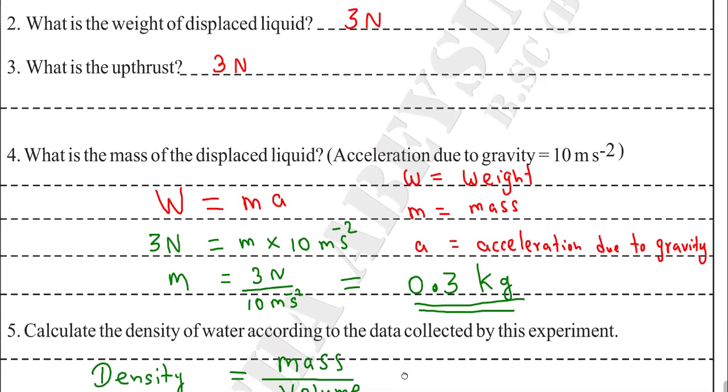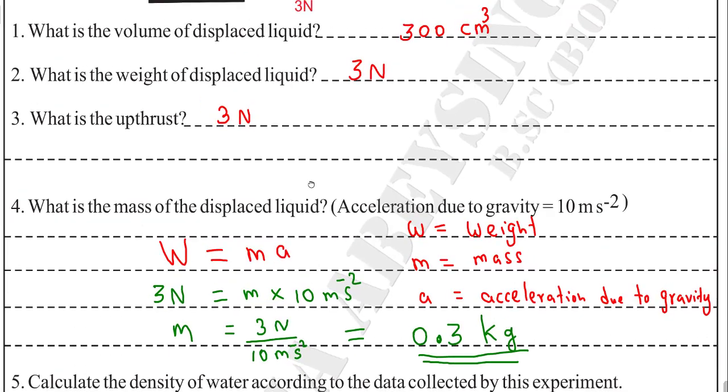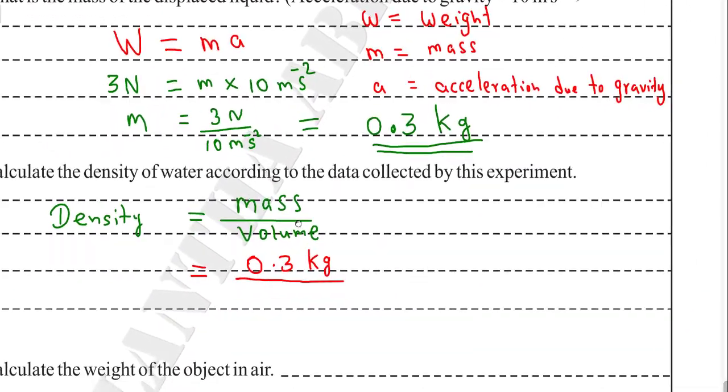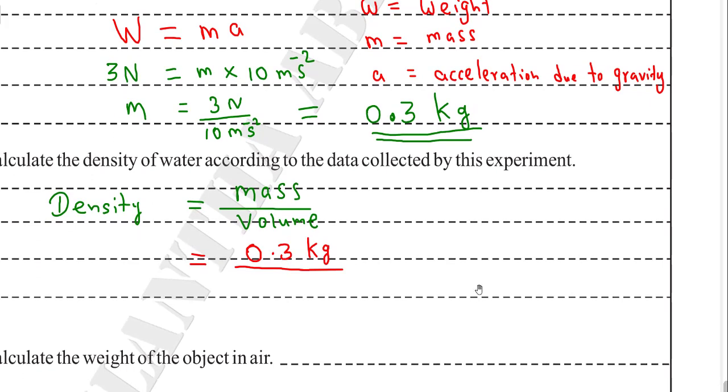We can get it as 300 cubic centimeters. So we can convert it there. Then the grams per cubic centimeter we can get.